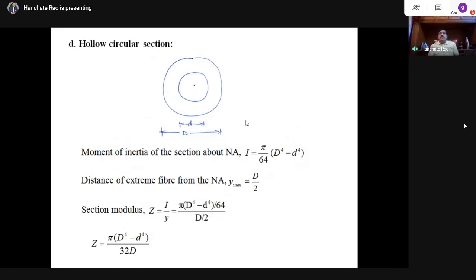So Y max is equal to D by 2. So again, what is the section modulus? You simply substitute Z is equal to I by Y max. You get the Z value as pi into (capital D to the power of 4 minus small d to the power of 4) by 32 capital D. This is the section modulus for a hollow circular section.